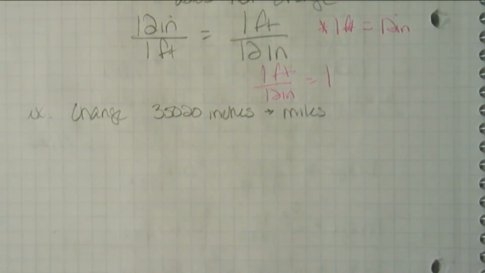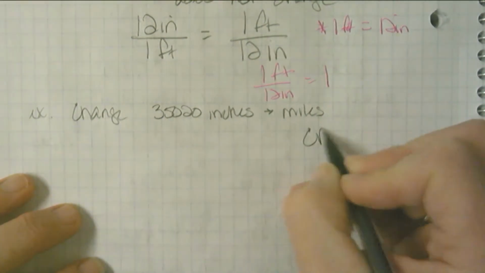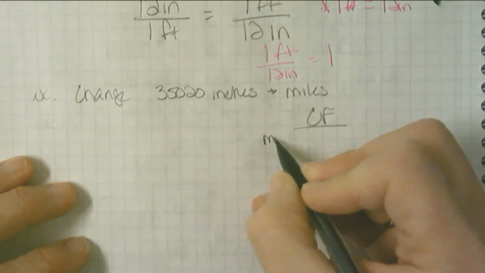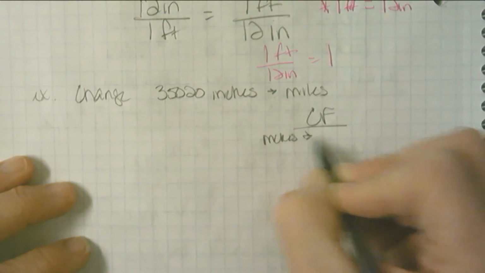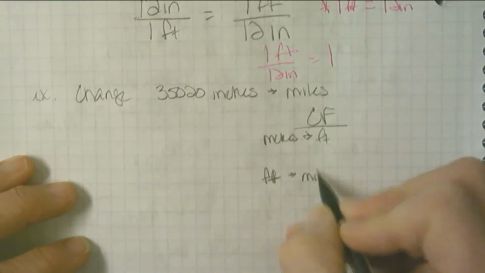So 35,020 inches, I want to figure out what that is in miles. I'm first going to write down my conversion factors. I need to go from inches to feet, and then from feet to miles.